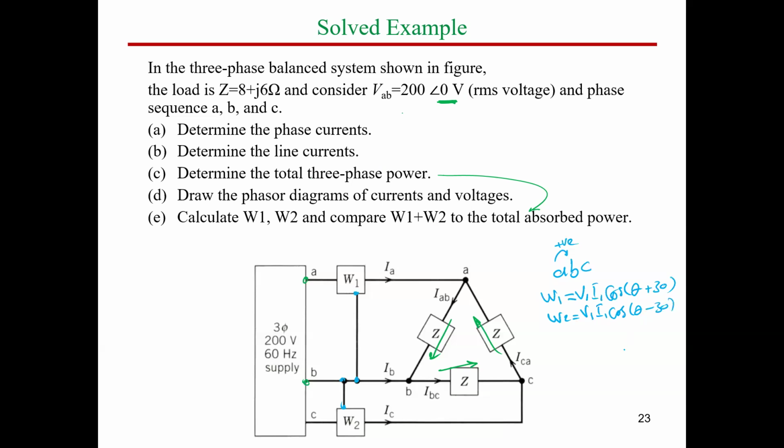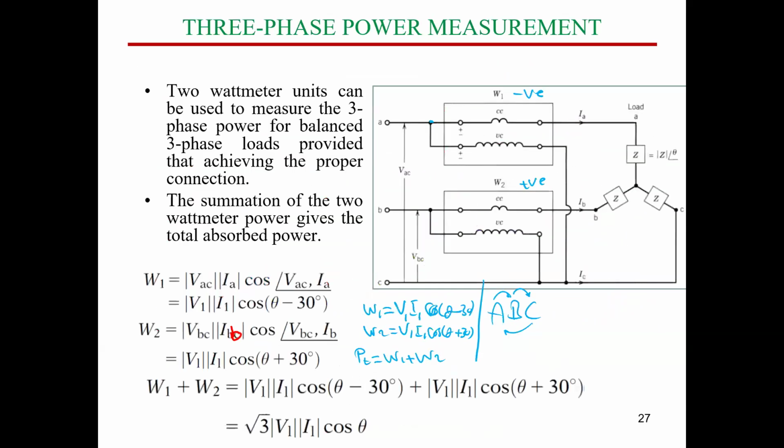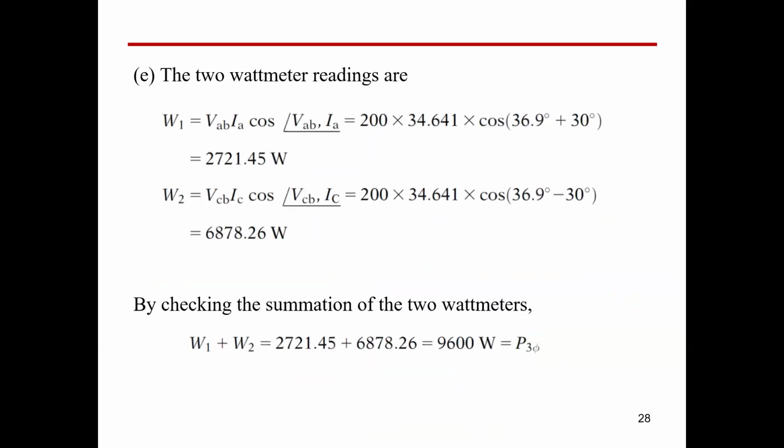So this is the way, guys. We can now substitute in the relations and calculate W1 and W2. Here is the calculation. W1 is the positive sequence. Here, as you can see, he wrote according to the connections. I don't care about that because in the end, this is a balanced 3-phase system.